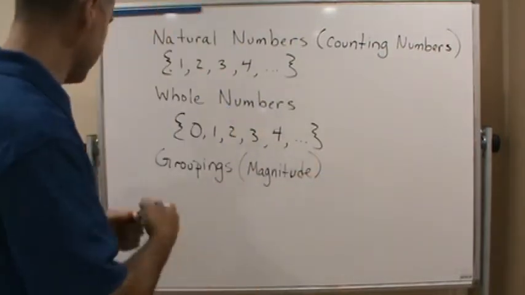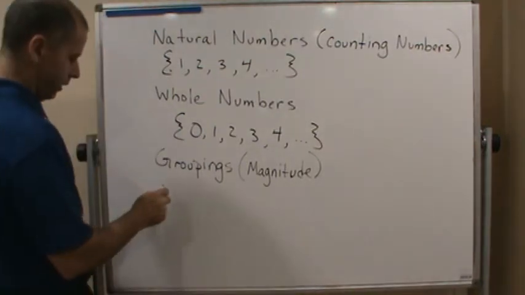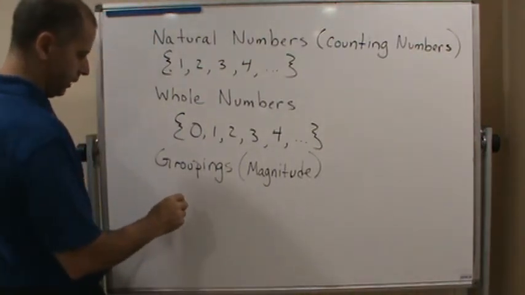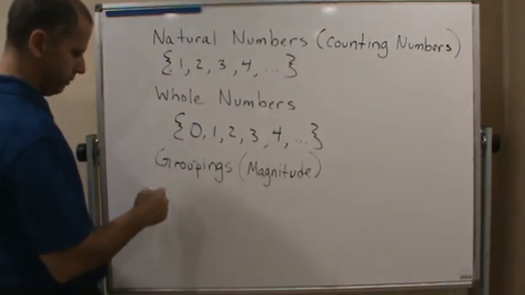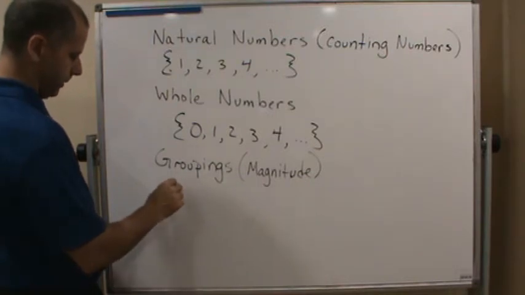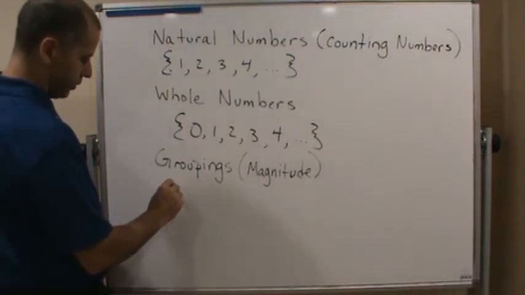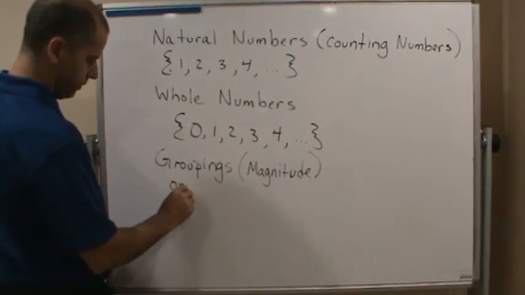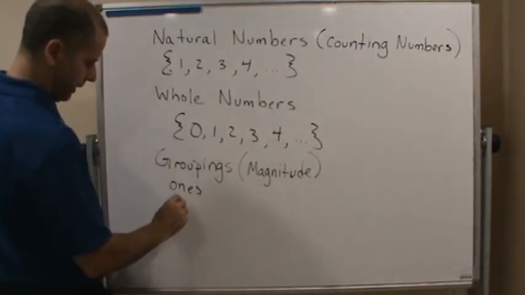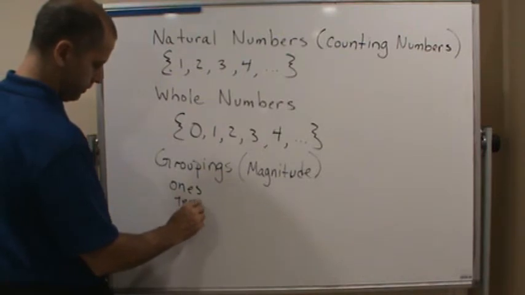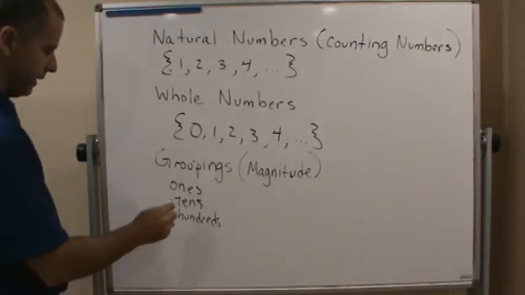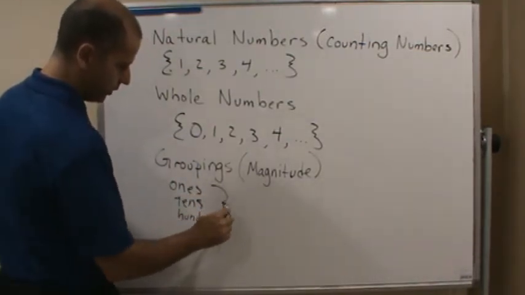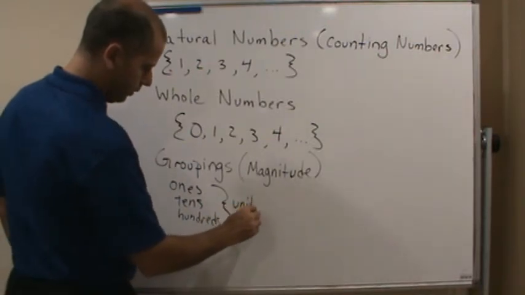So for example, the first 3 place values, the 1s, 10s, 100s, those place values, right? These 3 place values represent the group called units.